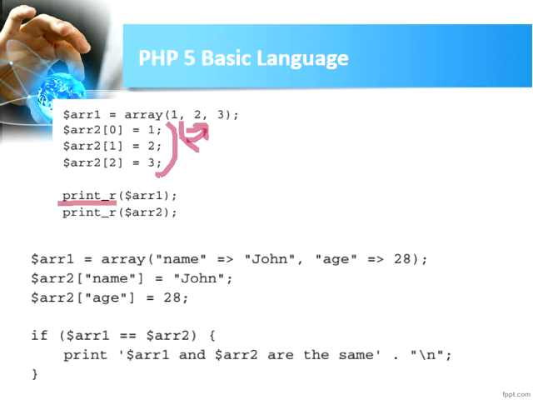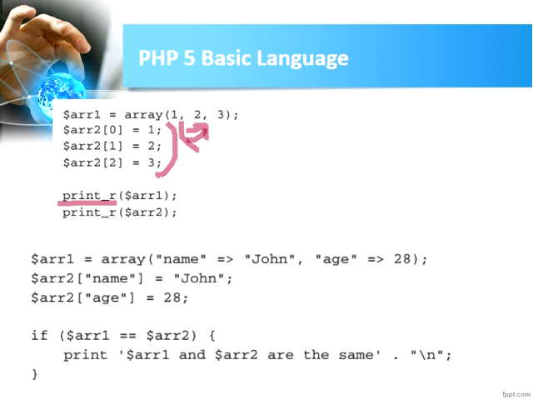This is a predefined function in PHP, and this function displays information about a variable in a way that is readable by humans. I repeat, print_r is a predefined function that displays information about a variable in a way that is readable by humans.